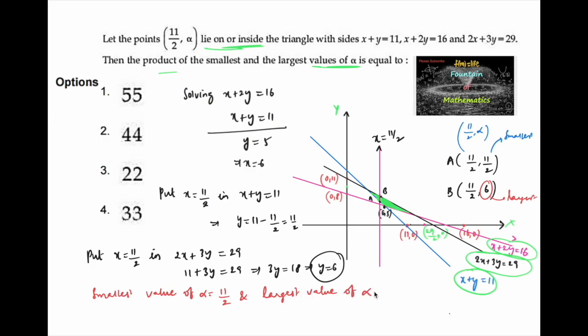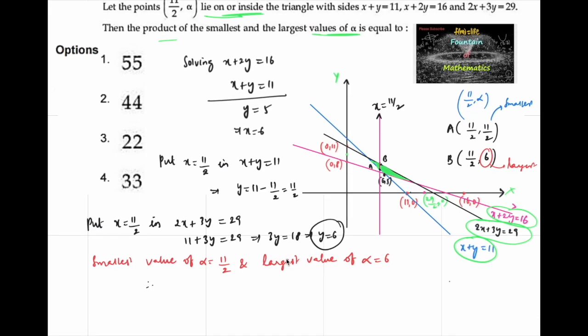Largest value of alpha is equal to 6. Therefore, the product is nothing but 11 by 2 into 6, that is 33. So 33, which is our option D. So 33 is the answer.